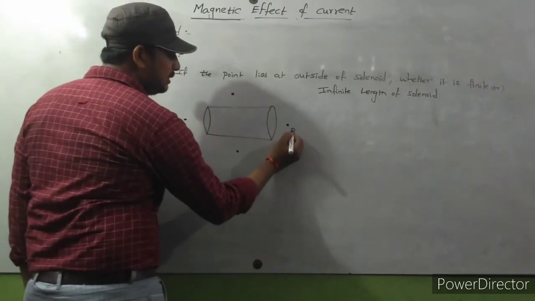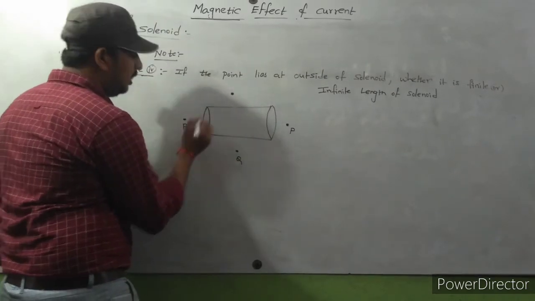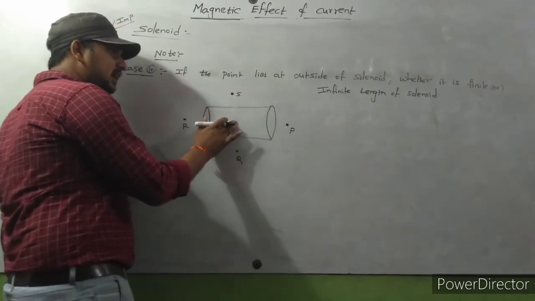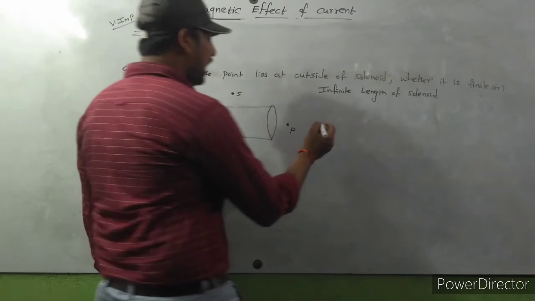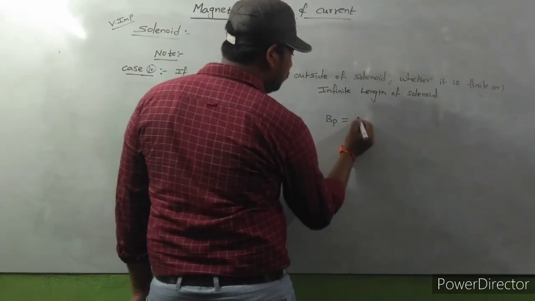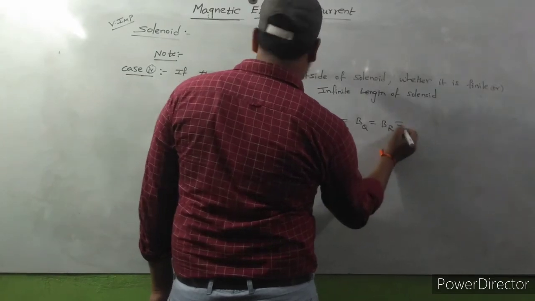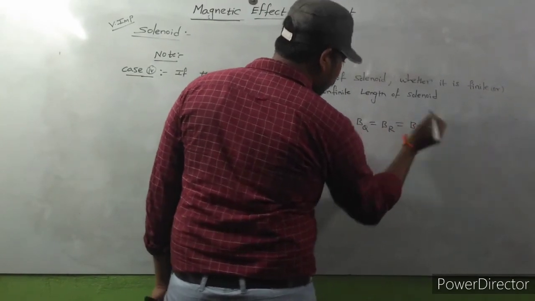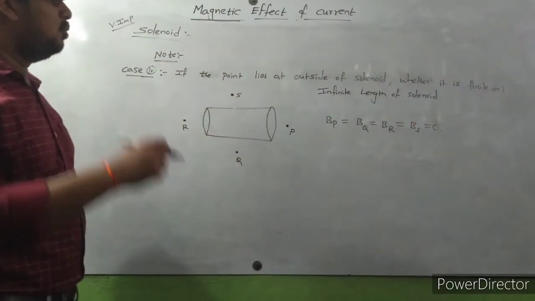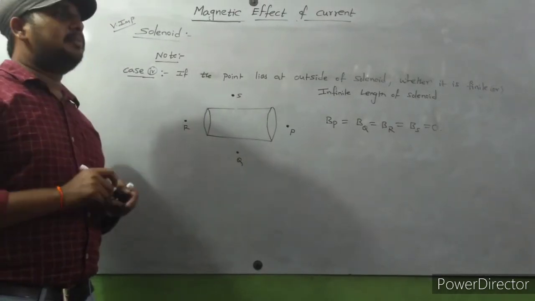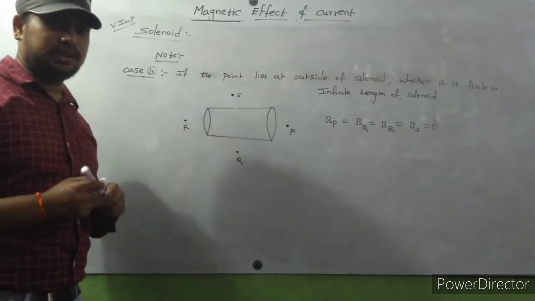Let us consider the points P, Q, R or S. The magnetic field at point P is equal to the magnetic field at Q, R and S, which is equal to 0. If any point lies outside of the solenoid, then the net magnetic field at that point is equal to 0.